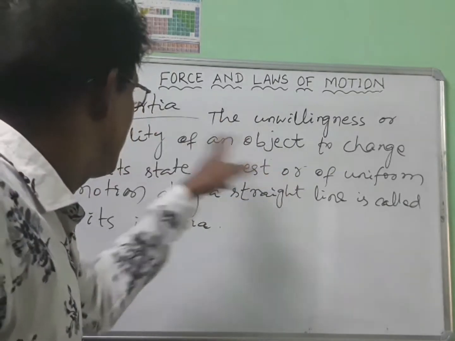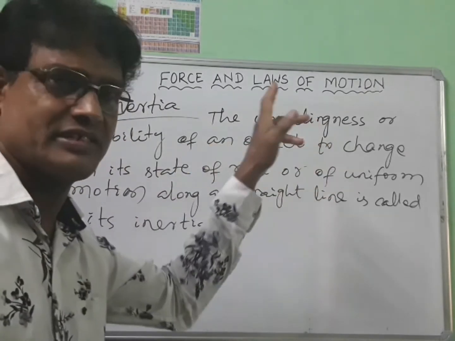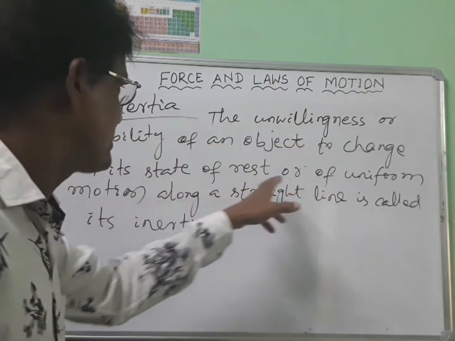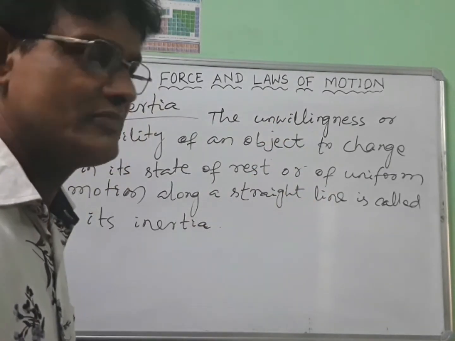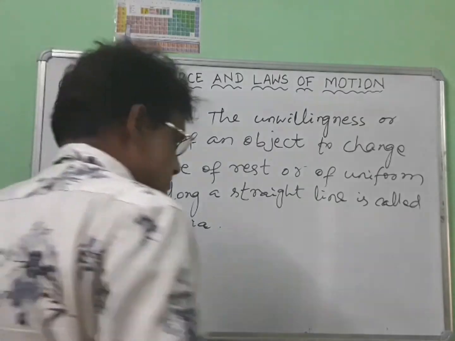That means the unwillingness or inability of an object to change its state of rest or of uniform motion along a straight line is called inertia. Clear?